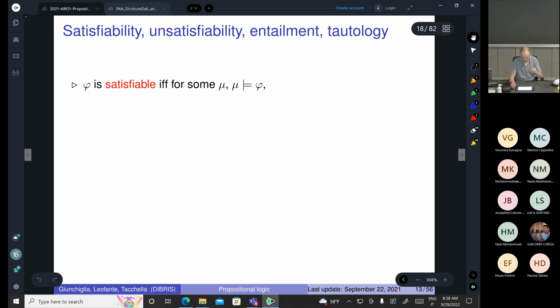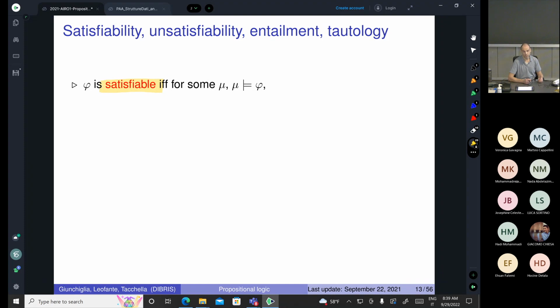This is very important because, a little spoiler here, pretty much every kind of reasoning that we are going to do in propositional logic will be reduced to satisfiability or unsatisfiability. So this term will be used many, many times in the next few lectures.